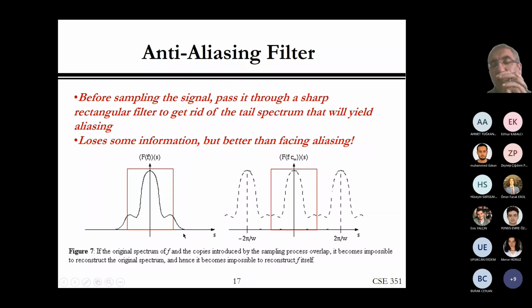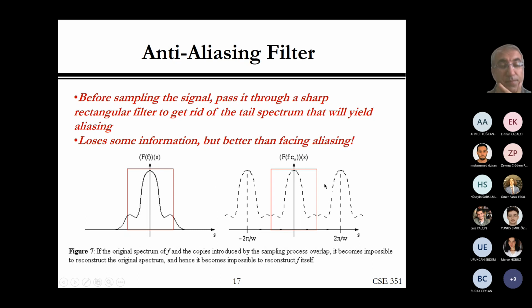From the beginning, before the sampling, we cut and get rid of these tails to avoid aliasing. Of course, when you cut this, this part consists of some information about your signal, which is part of your image or video or text, whatever, but it is still tolerable. You lose some information, of course, but it's better than facing the aliasing problem, which yields more problems.